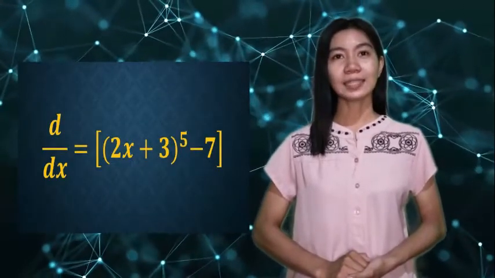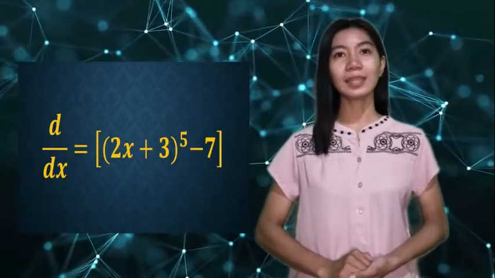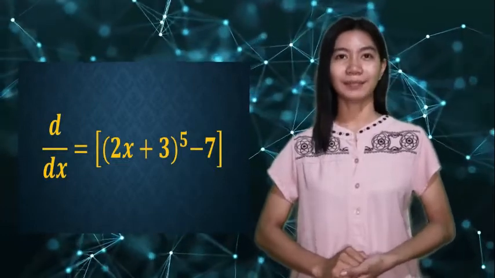So, how do we take the derivative of d over dx of 2x plus 3 raised to 5, minus 7? Once again, we have parentheses followed by the exponent of 5. So, we have to use the chain rule again. So, let's take the exponent of 5 and multiply it in the front, and then our new exponent will be subtracted by 1.